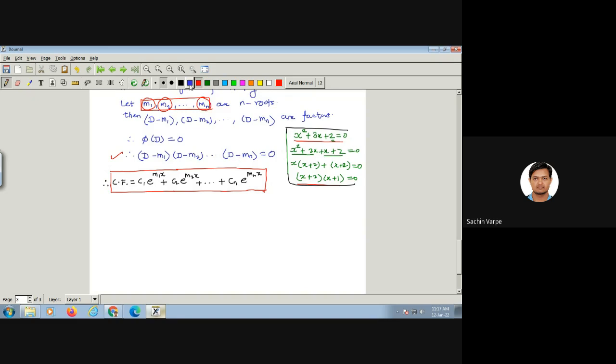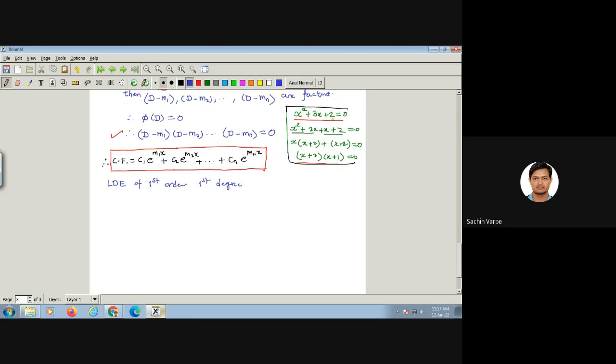So what I'll consider here, if I consider the LDE of first order first degree, see, we are discussing the explanation for this formula.